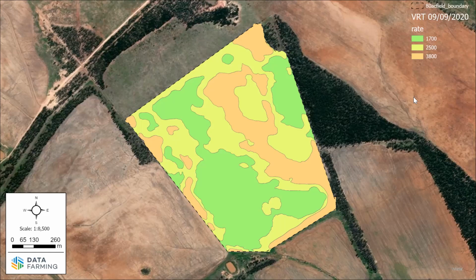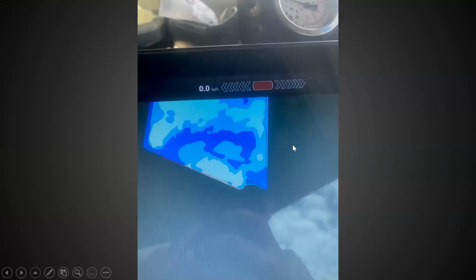Trent, I think you said you had 200 ton. 200 tons, right? So we just balance it around until we got that right. And that's why it's got 1.7 in the green, 2.5 tons in the yellow, and 3.8 tons in the red.